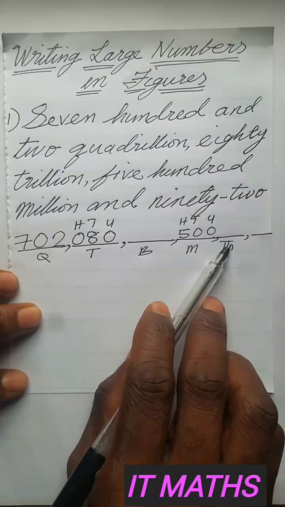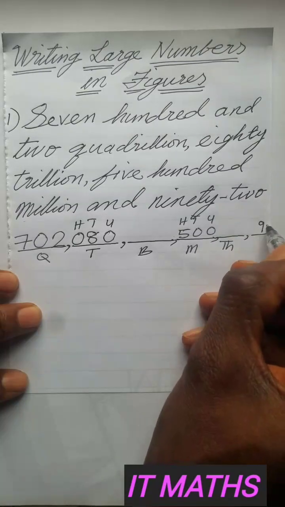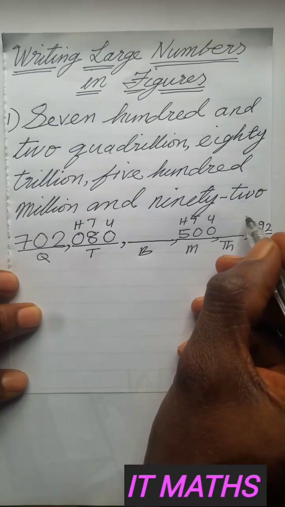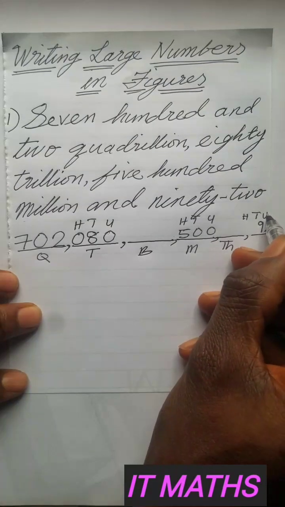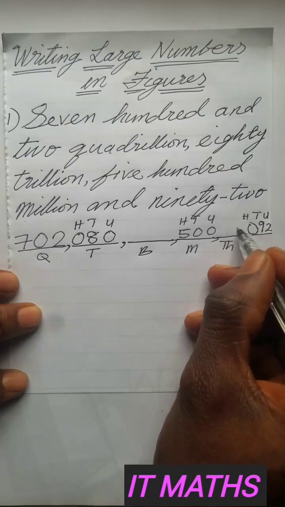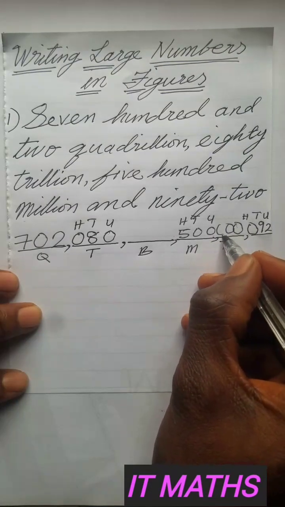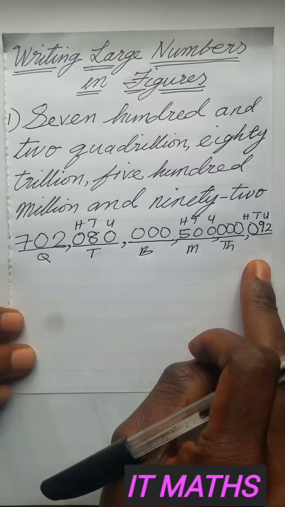It didn't say 92,000, so it is not 1,000, but just an ordinary 92. That means 100 is missing. I only have a 10 and a unit. So it means every other place I must fix what? 0, 0, 0, 0, 0, 0, even for the billion.